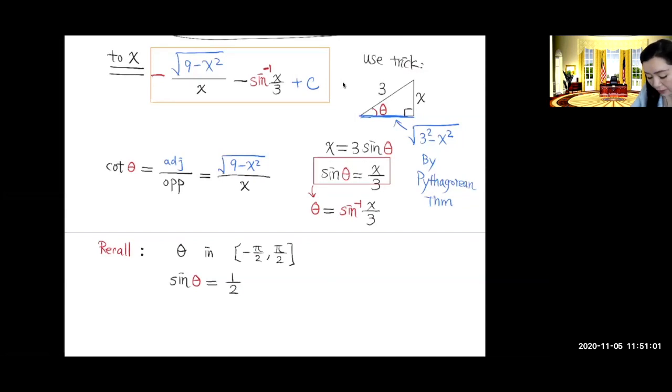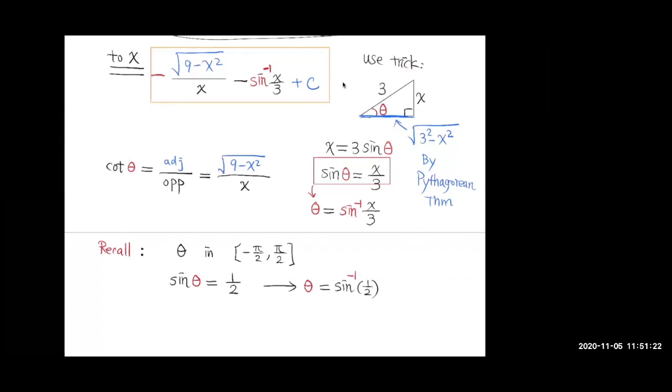Now this is going to imply that theta equals what? Theta will be equal to the inverse sine of 1/2. So basically that represents the angle.